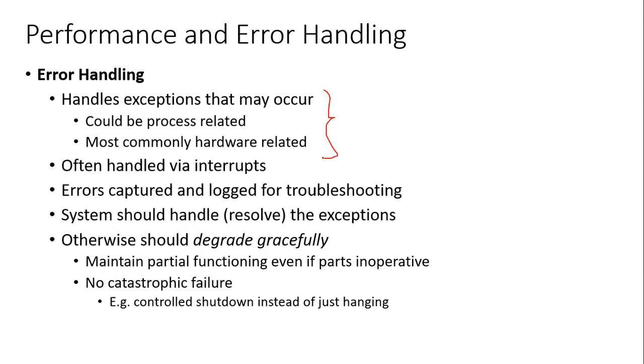The system should solve these exceptions. Otherwise, it should degrade gracefully. What is that? It maintains partial function even if some parts are inoperative. Then catastrophic failure: a controlled shutdown instead of handling. There are different mechanisms available to handle these issues.